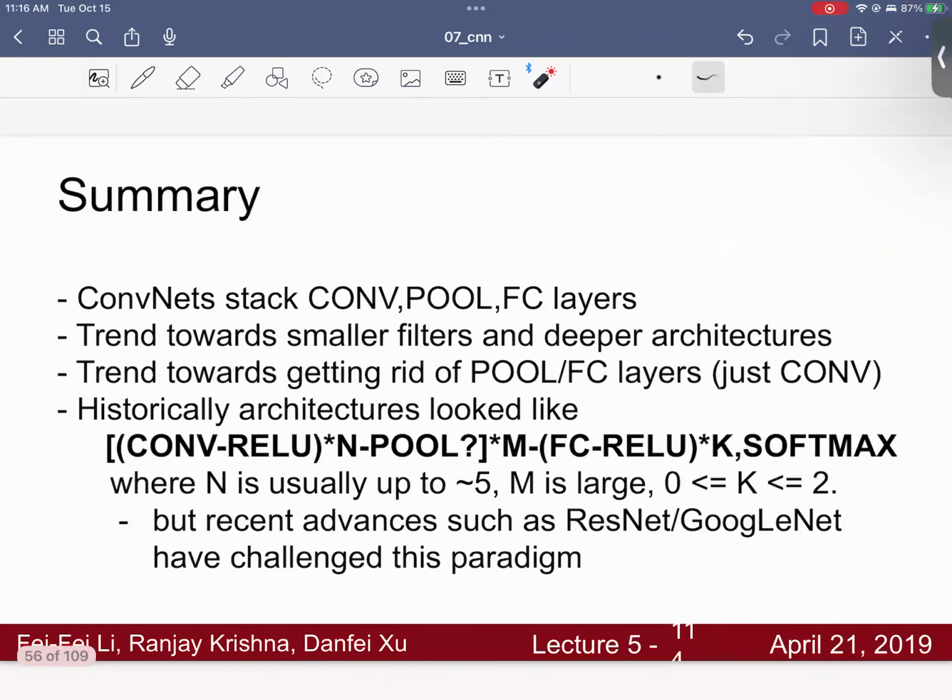Right. So the summary is that a convnet is a stack of repeated layers of convolution, non-linear activation, and pooling, and then a final fully connected layer to make a classification. These are a little bit dated insights, like the trend towards smaller filters and deeper architecture.